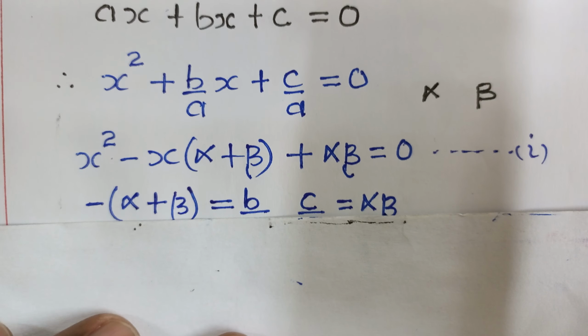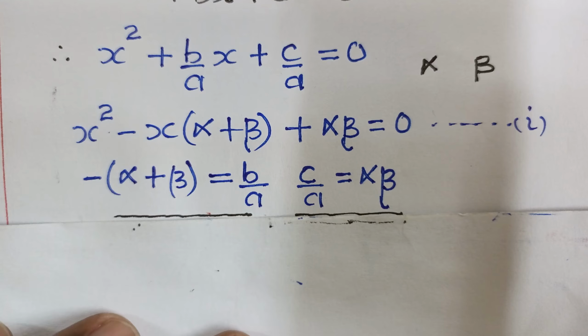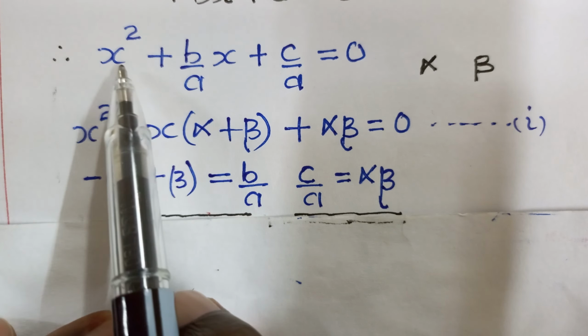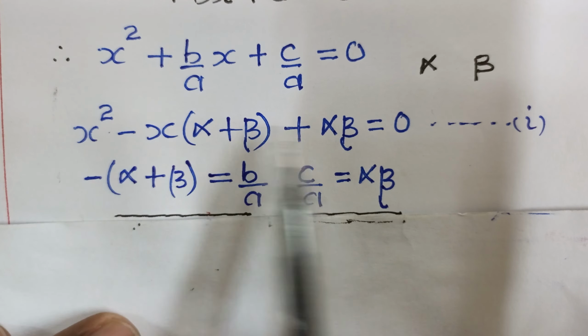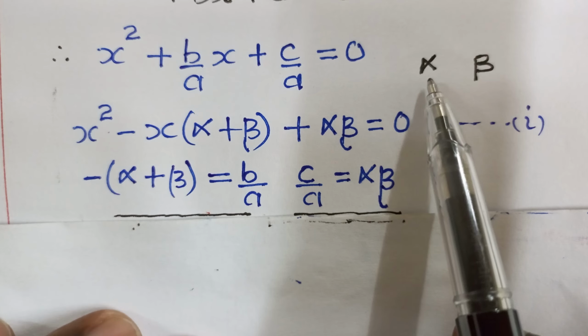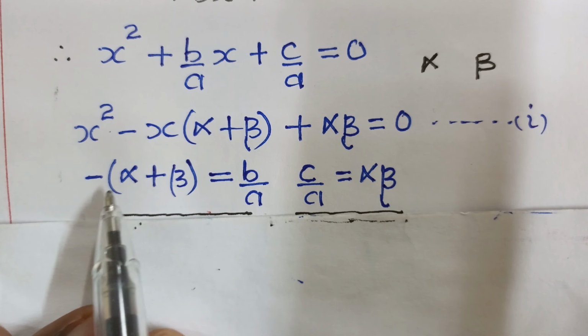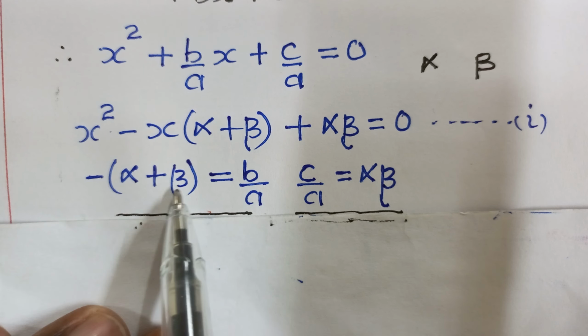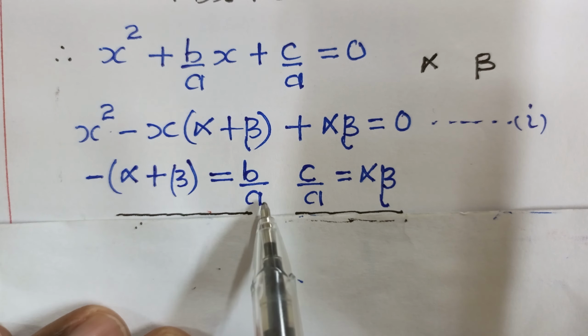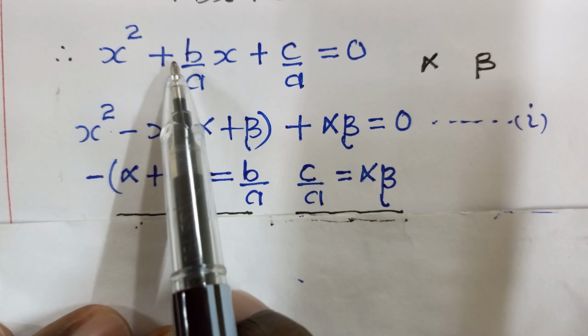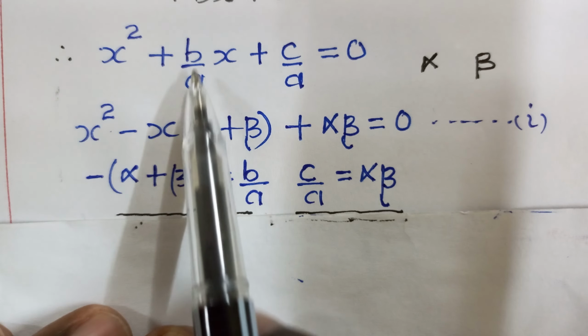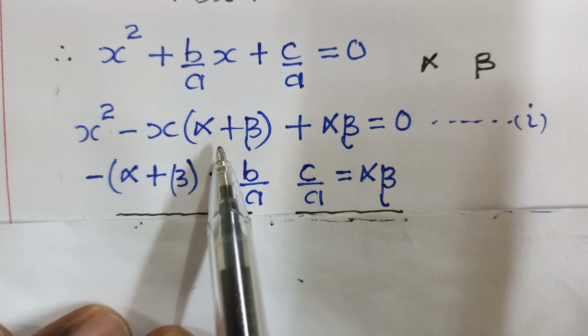Continuing, we come now to this. If we compare these two equations, this equation and this equation brought about by alpha and beta, it goes without saying that minus alpha plus beta should be equal to b over a, because these two equations are supposed to be similar.